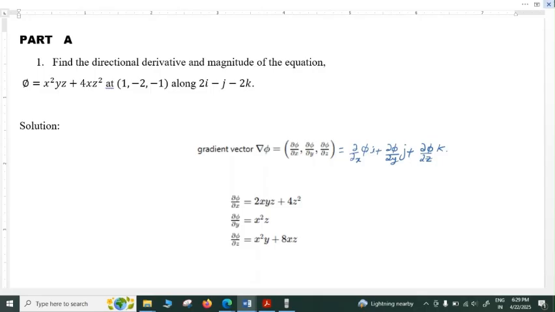So this is how we use the formula of directional derivative, and we'll simplify this now.